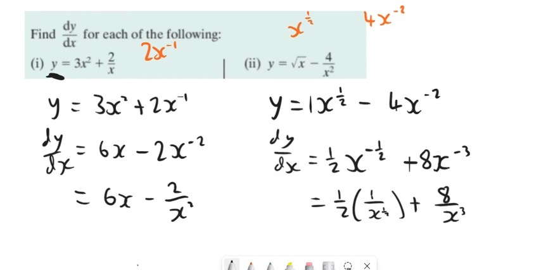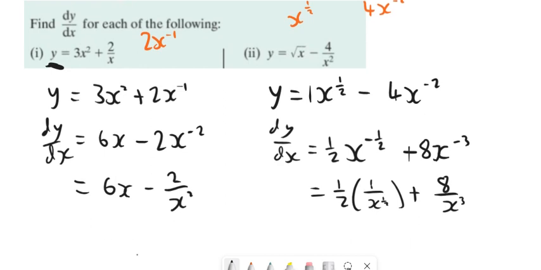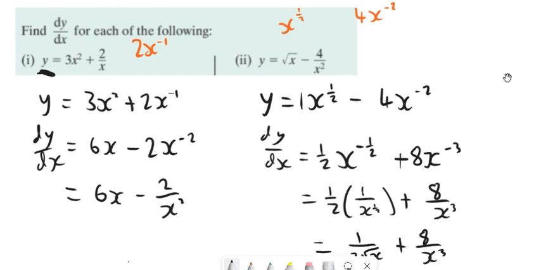I have the work done, it's just to tidy it up a little bit. x to the power of a half is the same thing as root x, and times the two of them, so 1 over 2 root x plus 8 over x cubed. So that's dy/dx, so a little bit harder for that one, and that's it.